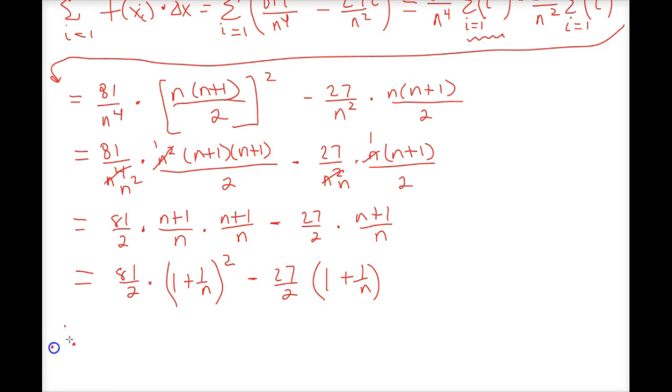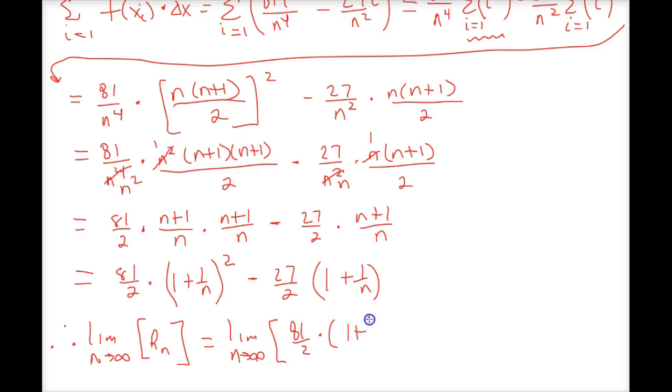So now we'll say the limit as n approaches infinity of this right-hand sum estimate here will really just be the limit as n approaches infinity of what we see here. Okay.